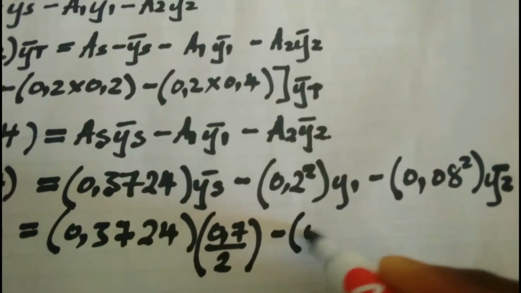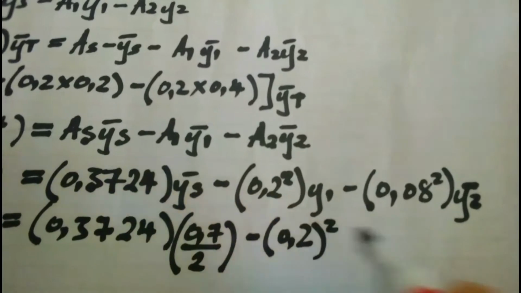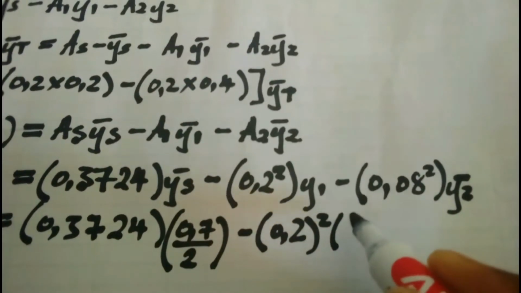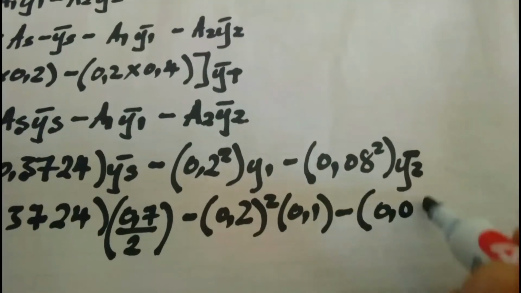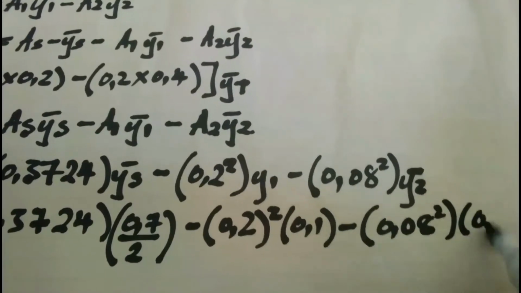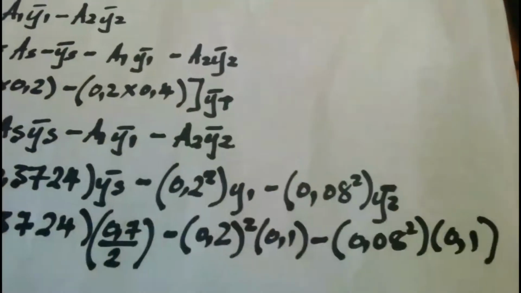And for this one 0.2 squared, and 0.2 over 2 is 0.1, and for this one also 0.08 squared multiplied by 0.1. Get it now?